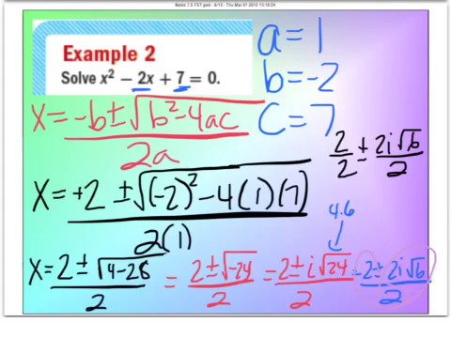And then simplify this further, so that would give us 1 plus or minus i times the square root of 6 as your final answer. So there are 2 complex answers, 2 complex roots, 2 complex solutions. All mean the same thing for this problem.